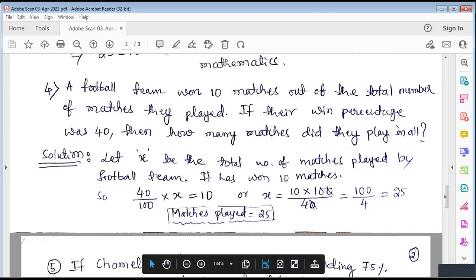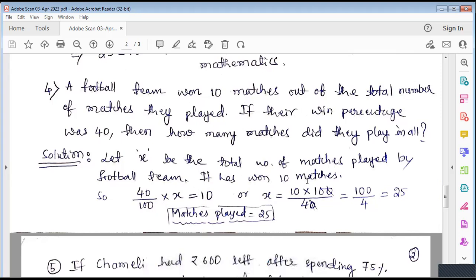It has won 10 matches. So this 10 matches won is equal to 40% of the total matches played, which we have taken as X. So 40% of X should be equal to 10.